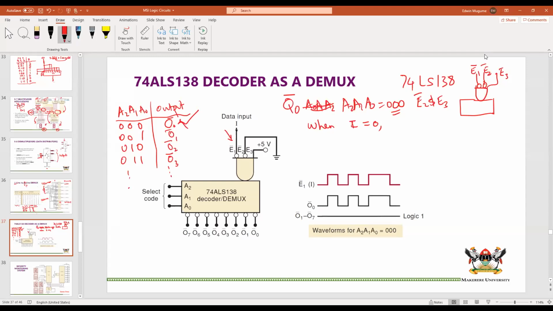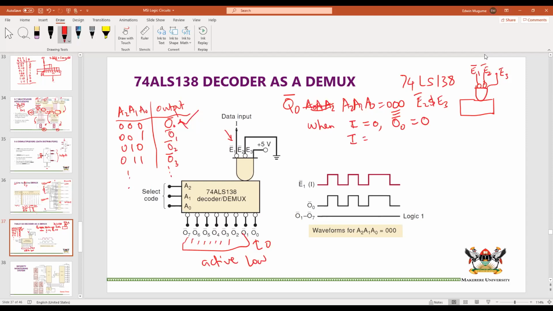Now, when I is equal to 0, that means E1 is 0 and this thing is enabled. Remember, these outputs are actually active low, so the active output state is a 0. It will give a 0 here, and the rest will be 1, 1, 1, 1.